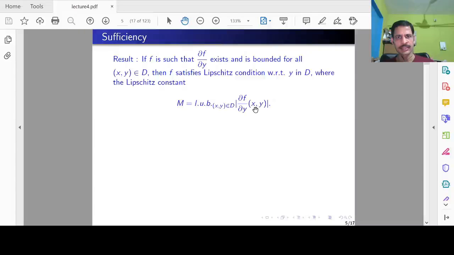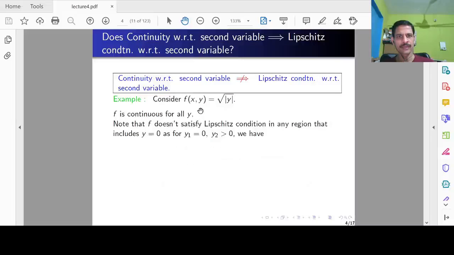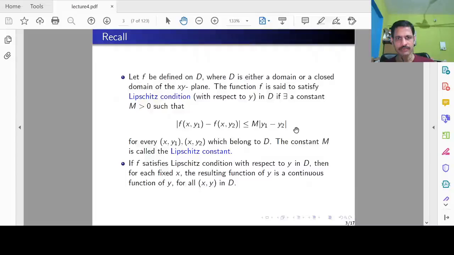That quantity is the m. So with respect to this m, this definition of Lipschitz condition is satisfied.